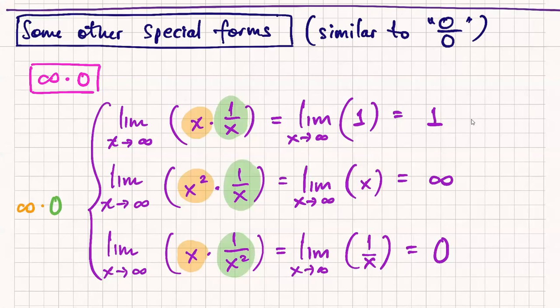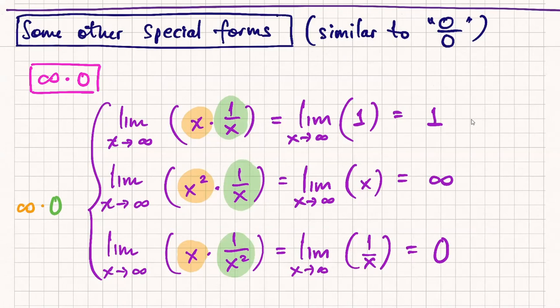Now, the intuition behind this is 0 is not 0. 0 is an arbitrarily small number when it shows up in a limit. So when you have infinity times 0, you have this arbitrarily large number and this arbitrarily small number, and you're multiplying them together. And there's like a fight between them.